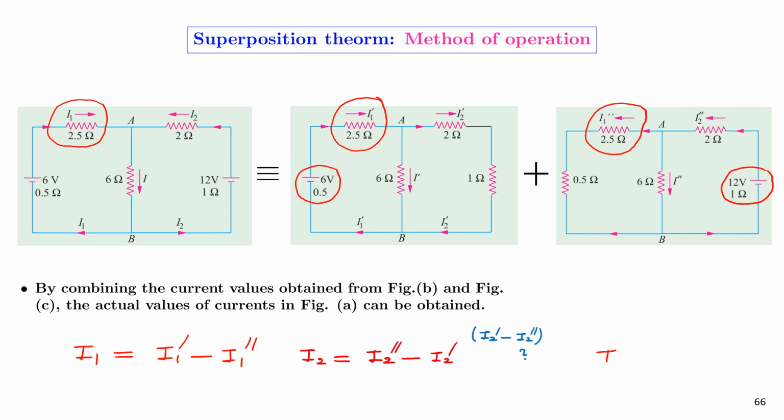And the total current I that is going to flow through the 6 ohm resistor would be the sum of I prime and I double prime, that is, I equals I prime plus I double prime. So this is a method of evaluating various currents in a circuit by using the superposition theorem.